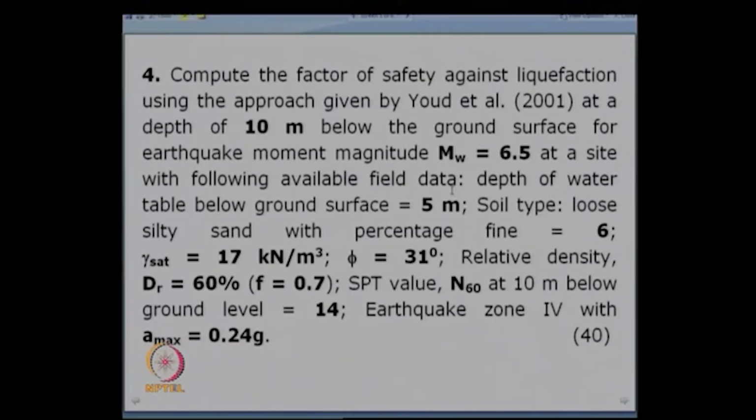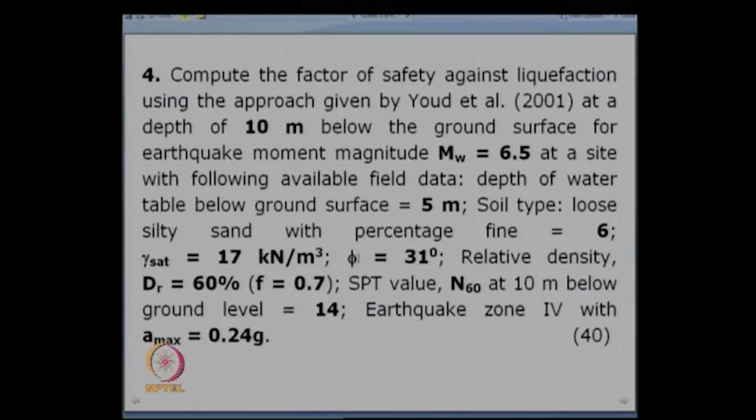What are those data? The depth of water table below the ground surface is 5 meter. Soil type is loose silty sand with percentage fine of 6%. Saturated unit weight of the soil is 17 kilonewton per meter cube.